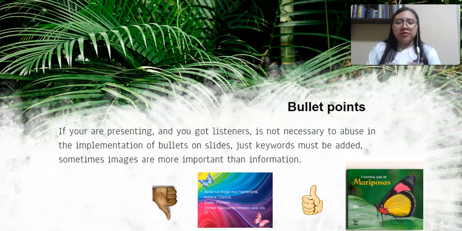Sometimes images are more important than information. Like here, look at the background of this slide. It's full of colors. I can't read the letters, so be careful with that. When you're creating your Zen presentation, you need to choose the right colors and background. Look at the second slide.